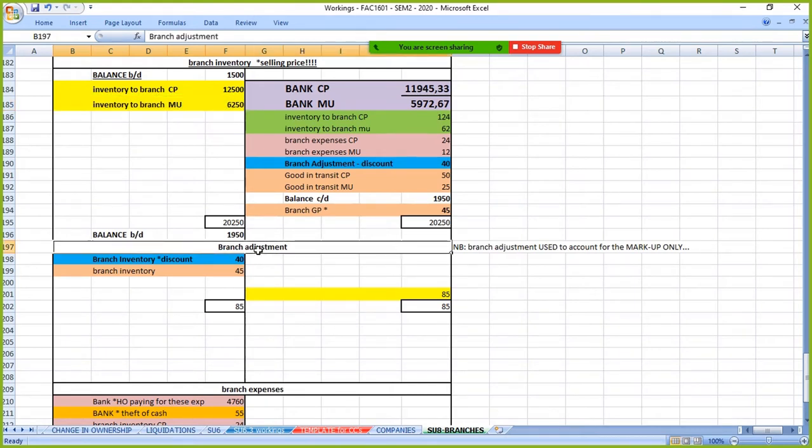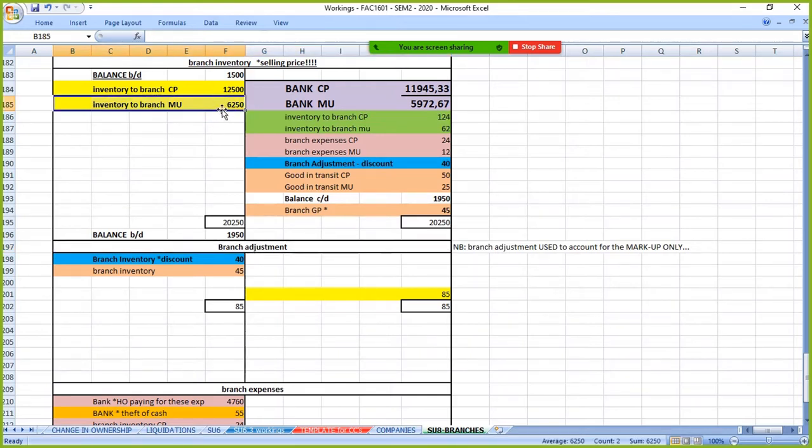The branch adjustment account is going to have to show the markup of 6,250, because 6,250 is the amount I had as part of the inventory given to the actual branch. So markup needs to go. Delete that.